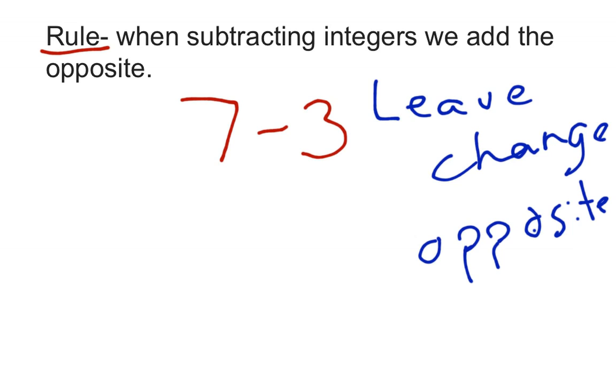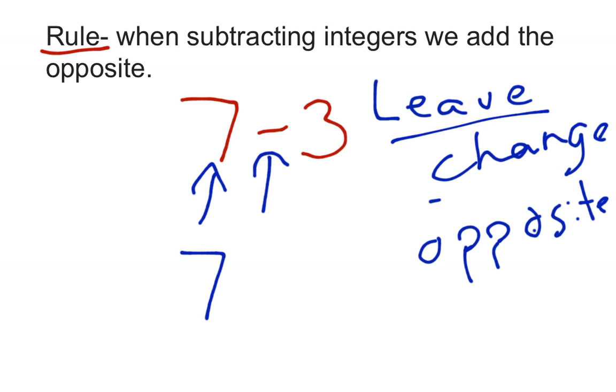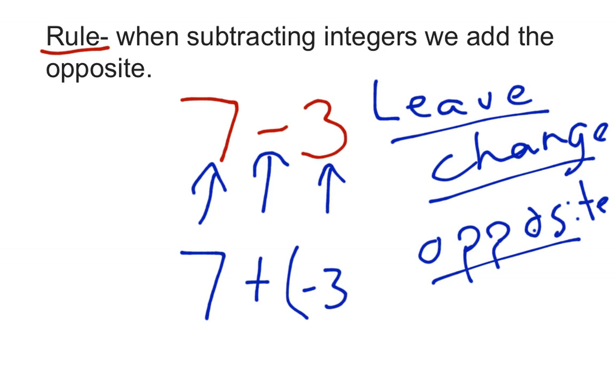Leave, change, opposite stands for each thing in this problem. It says, start with the 7. That's what we're supposed to leave. You leave the first number alone. You don't do anything with it. The subtraction, we don't like subtraction, so we're going to change it. We change the subtraction to addition. And then the 3 here, we're going to make it its opposite. The opposite of 3 is negative 3.